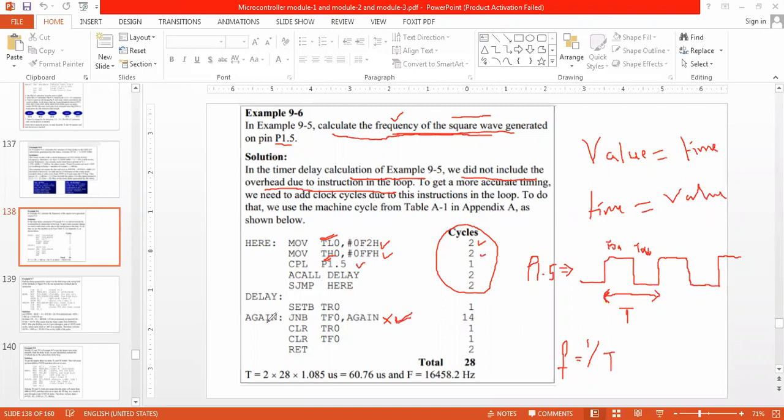This is our main important loop, correct? We are always monitoring step 3, I think, we should always monitor the TF flag bit.